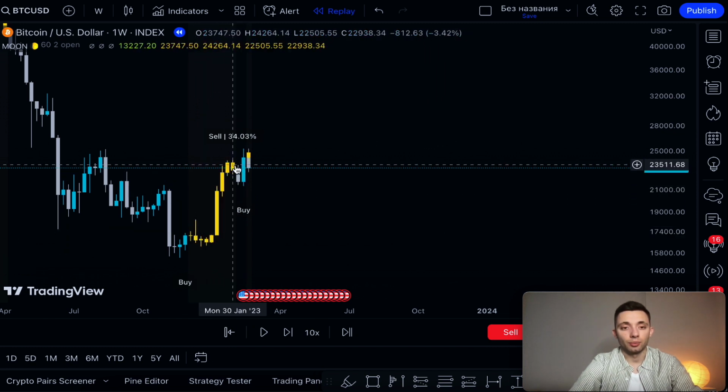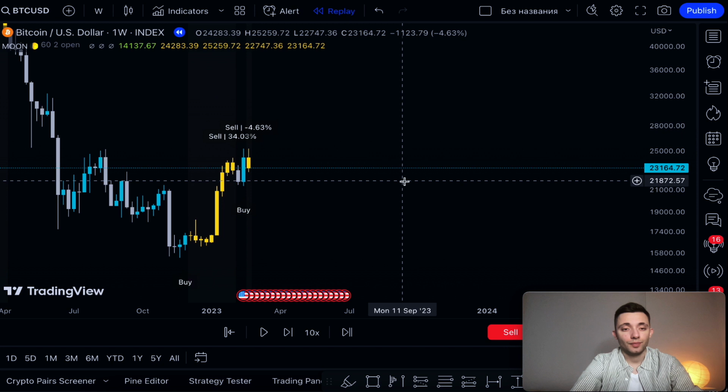We fixed the profit for more than 34% of rising for Bitcoin. Regarding closing the position, it is also important to wait till the end of the week for the sell signal to be confirmed. So you need to hold your position only when price candles have yellow color. Once price candles become not yellow again, that would mean you would need to close your position.